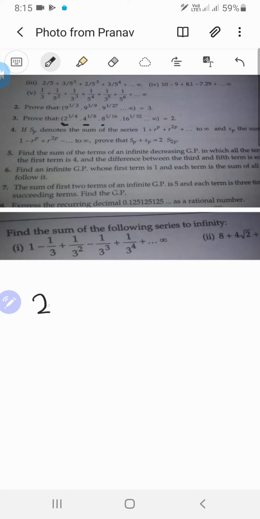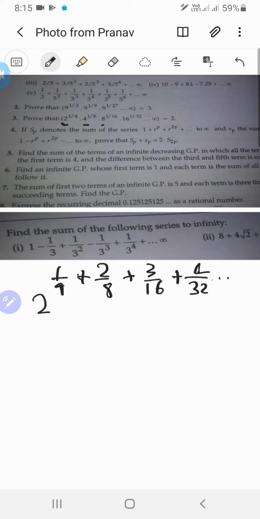We get 2 to the 1/4 power plus, well, 4 is 2 squared, so 2 upon 8, plus 8 is 2 to the third power, so it's 3 upon 16, and 4 upon 32. It keeps going like that till infinite terms, and that's going to be equal to 2.